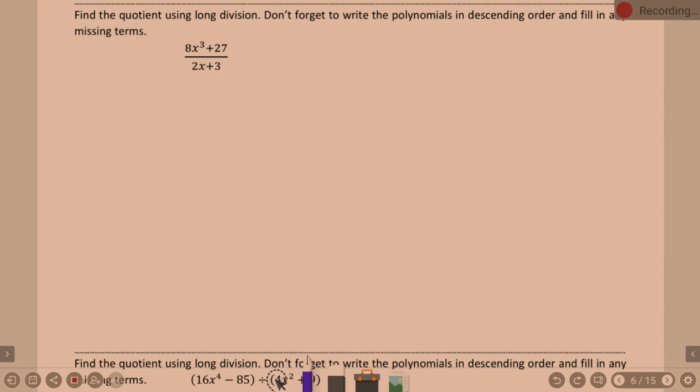Same old, same old. There's a hint here. Don't forget to write the polynomials in descending order and fill in any missing terms. That's important here. So, as you set this up with me, stay with me.